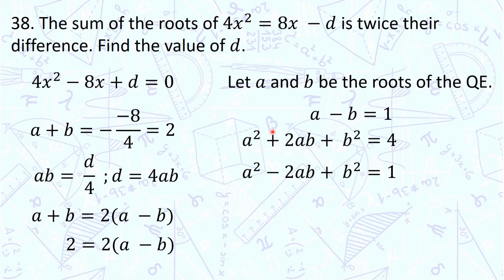If we square both sides of a minus b equals 1, we'll have a squared minus 2ab plus b squared equals 1. We subtract these two equations term-wise, we'll have 4ab equals 3. And 4ab is equal to d. Therefore, d is equal to 3.